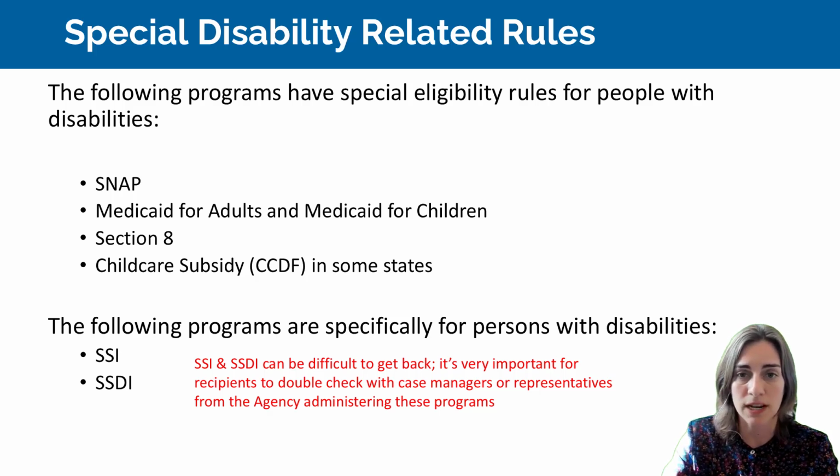It's important to note here that extra caution should be taken when persons are receiving SSI and SSDI. SSI and SSDI can be very difficult to get back, and recipients are often very reliant on such programs to maintain their financial stability. For this reason, it's very important for recipients of SSI and SSDI to double check with case managers or representatives from the agency administering these programs before changing their income.